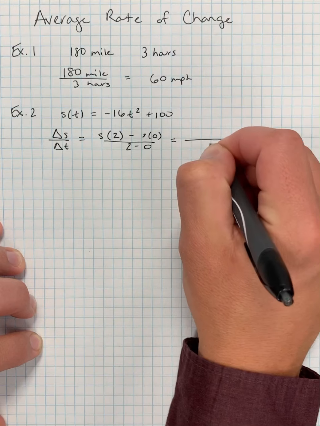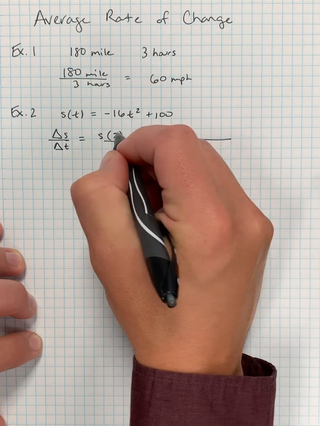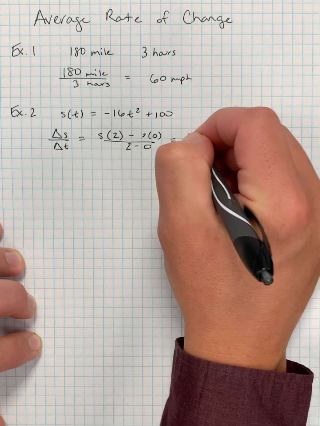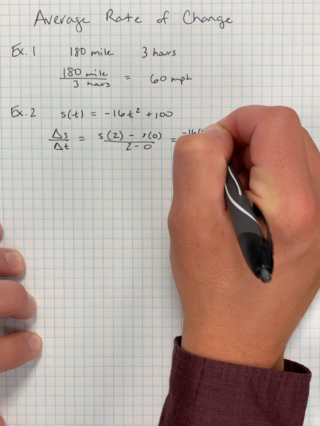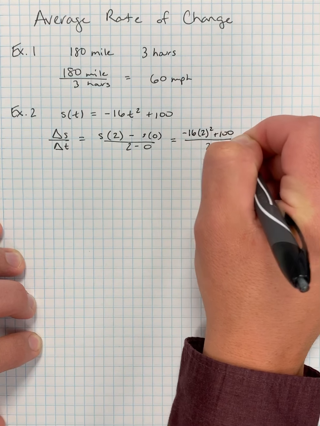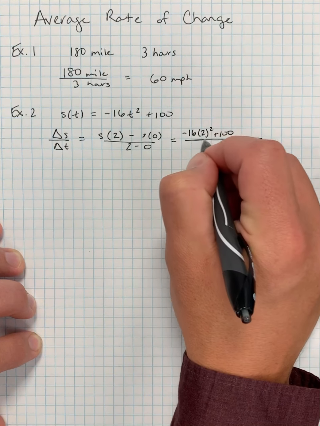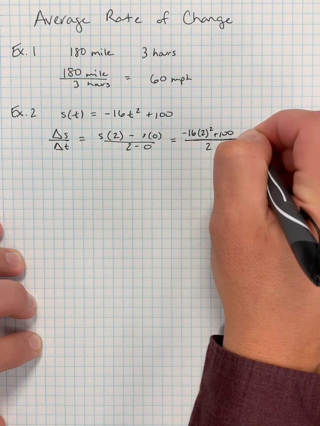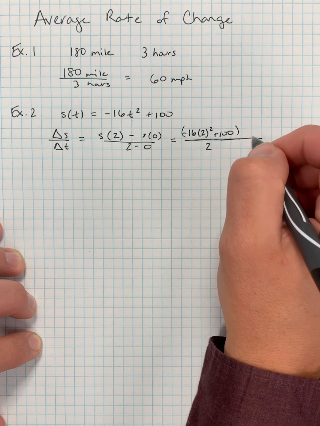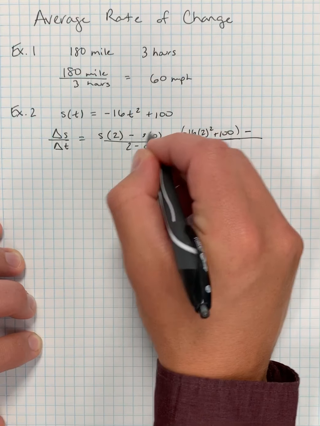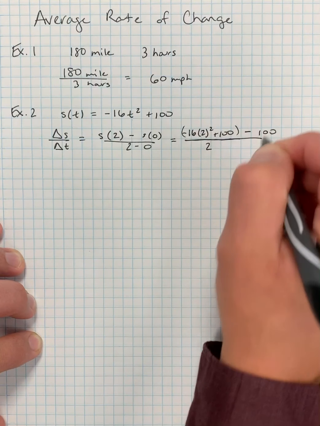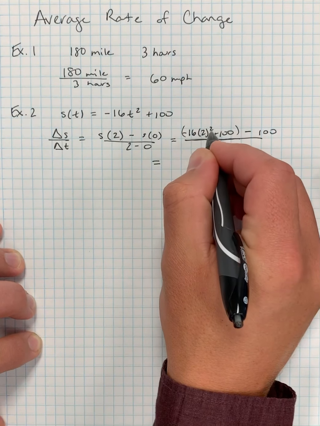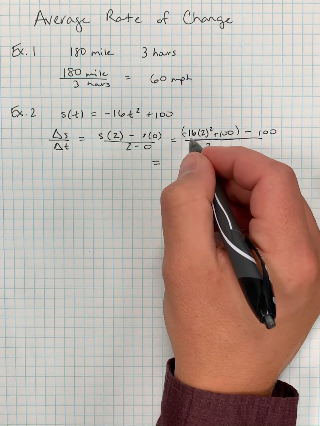Well, 2 minus 0 is easy, that's just going to be 2. If we take 2 and plug this into our function, let me show that work there and extend our fraction. So we need to evaluate that in just a second. Minus s of 0, putting 0 in here is a pretty easy 100. So that gives us 4 times 16.